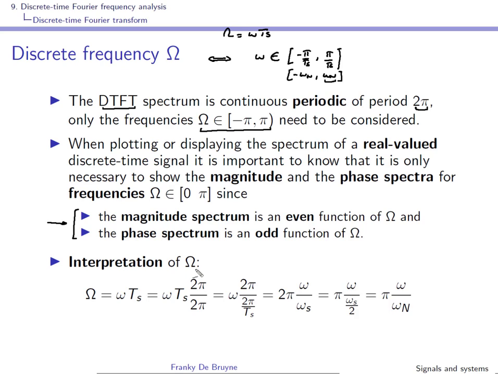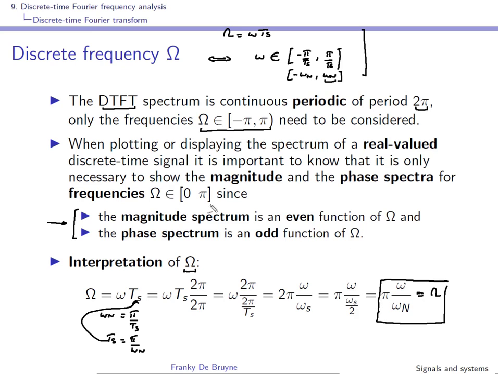So let us have a look at the interpretation of this discrete frequency, and we have already seen something over here. Remember that omega N is pi over Ts, so Ts is pi over omega N. If you inject that in here, you have the relation that is over here. This can be obtained quite easily.